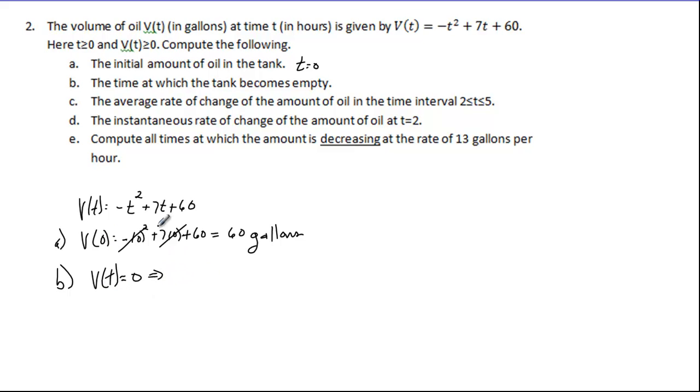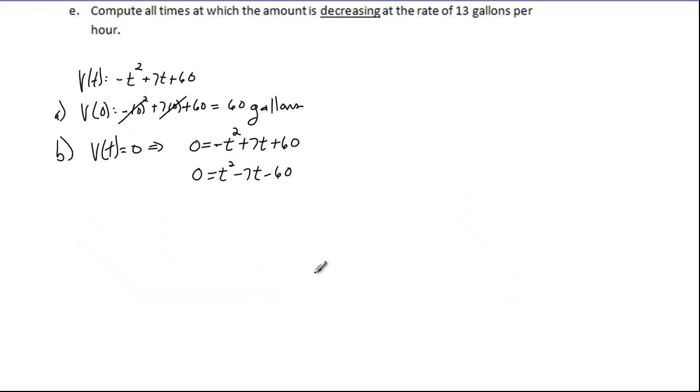Simply we're going to set this quadratic to 0, which will be equal to negative t squared plus 7t plus 60. We can divide through by a negative 1, so we get 0 is equal to t squared minus 7t minus 60. All we do is divide by a negative, which will allow us to easily factor this quadratic.